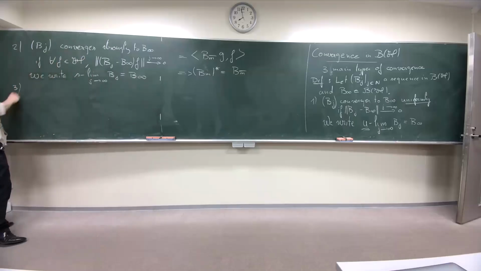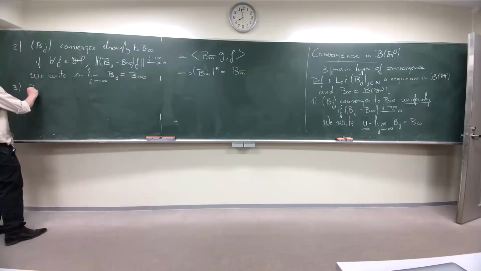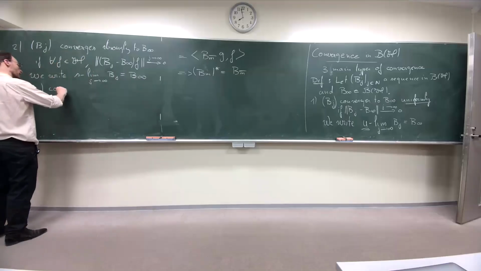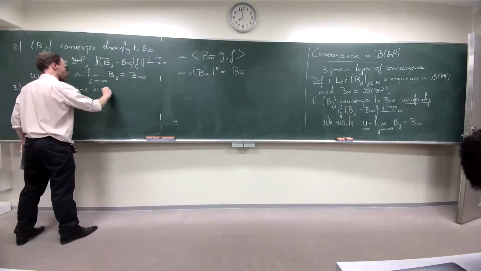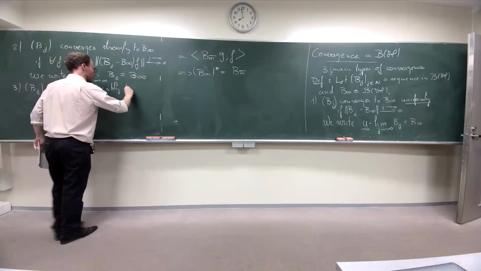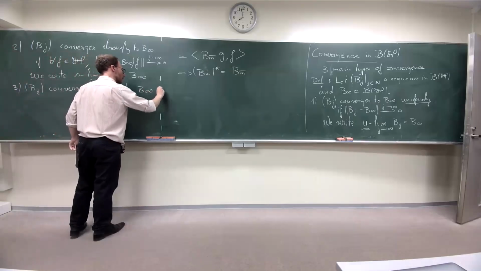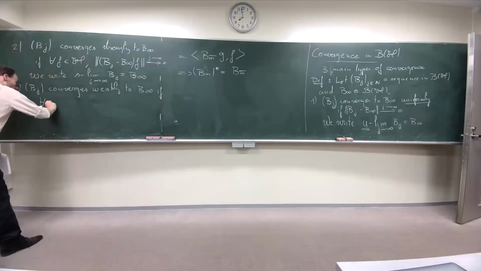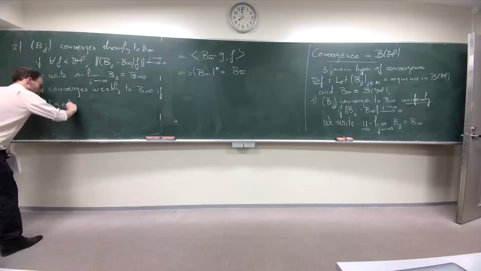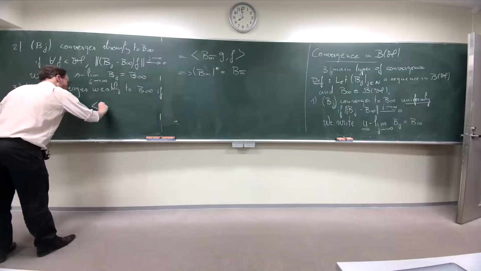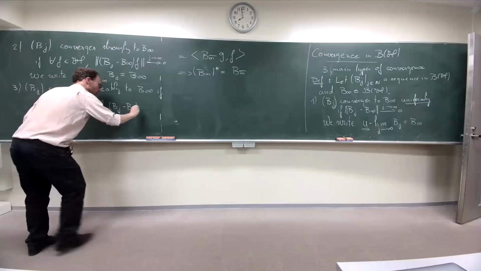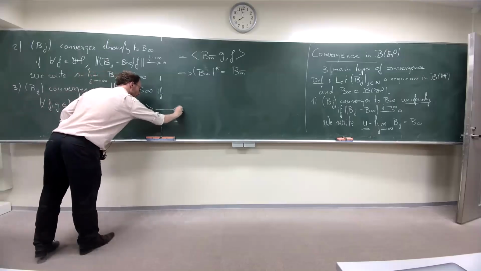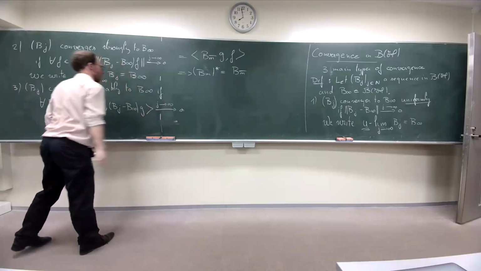And now the third one is to use scalar product. So Bj converge weakly to B infinity if now you take two vectors, for any f, g in H, the scalar product between f and Bj minus B infinity on g goes to 0 as j goes to infinity.